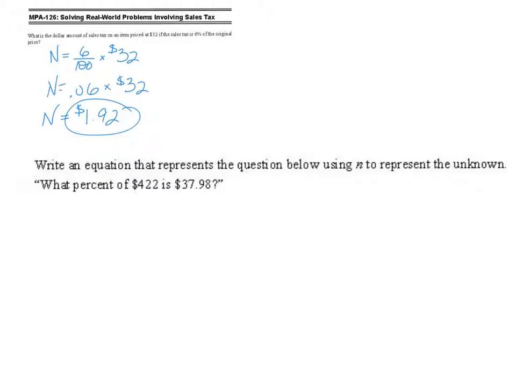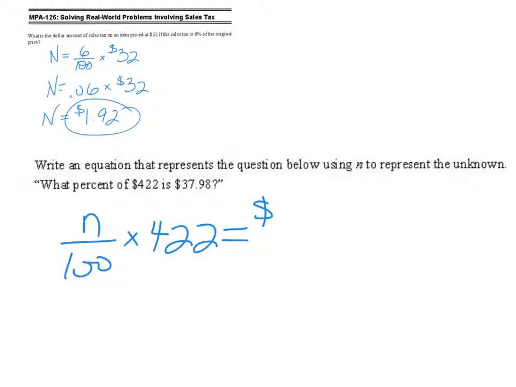Write an equation that represents the question below using n to represent the unknown. What percent, okay, they said to use n, so I suppose, percent is always out of 100, of 422 is $37.98.